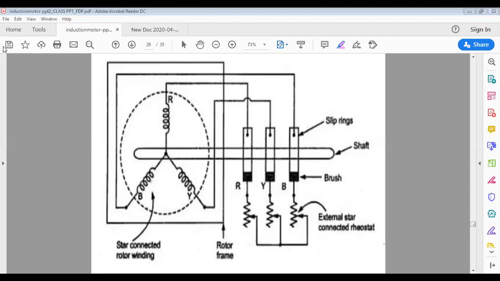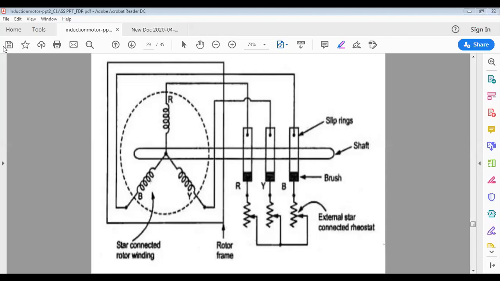Very good. In squirrel cage, copper bars are used and in slip ring type, windings are used. So where will more copper loss be there? And in slip ring you can add external resistance also to produce higher starting torque. So where do more losses take place, in squirrel cage or in slip ring?